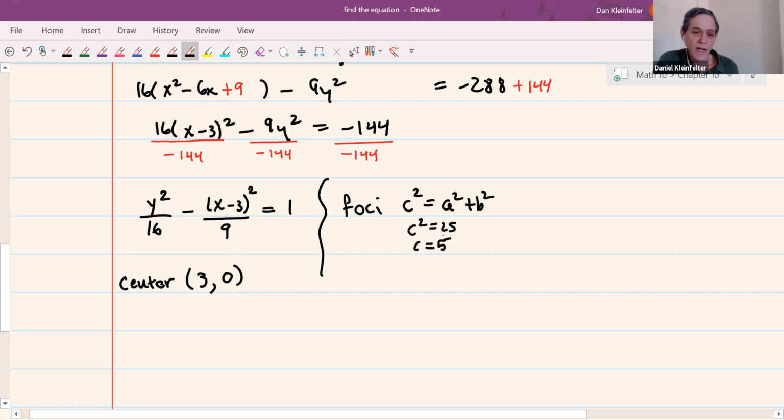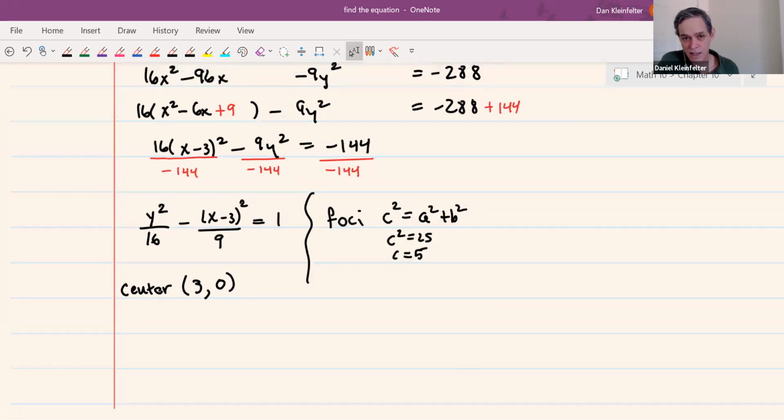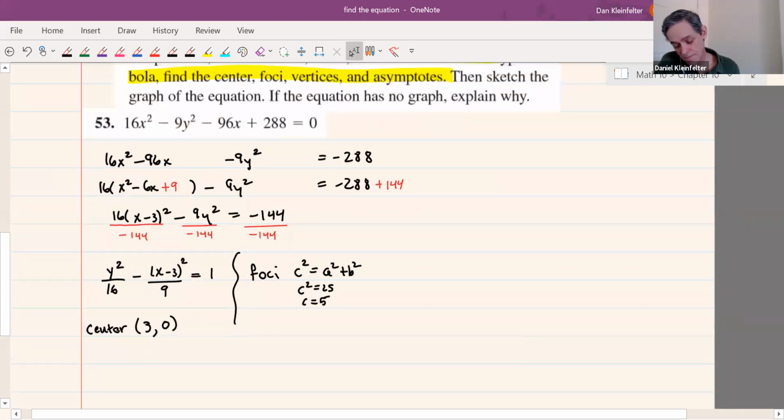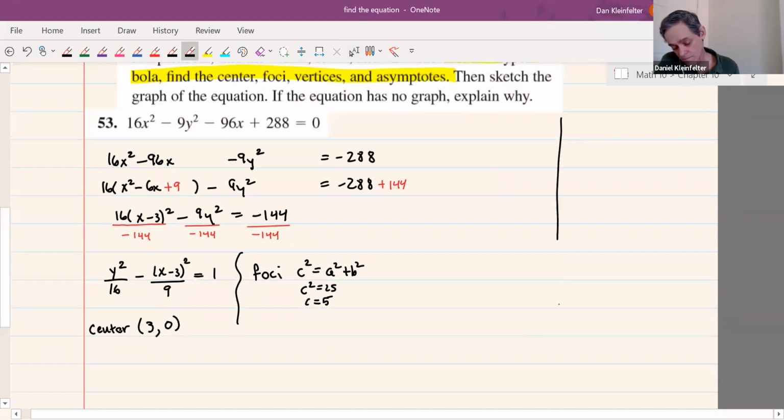All right, so we need to think about where the foci are relative to the center, because it's not going to be just (5, 0) and (-5, 0). So at this point, it's a good idea to start thinking about how the picture is going to look. I know that the center is at (3, 0), and we need to think about which way this thing is going to open.